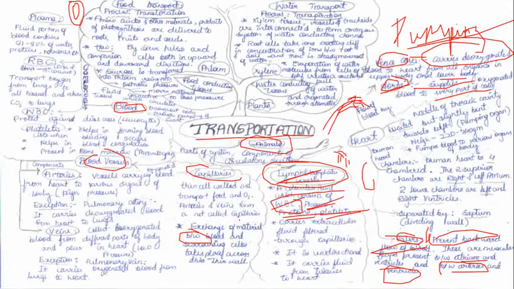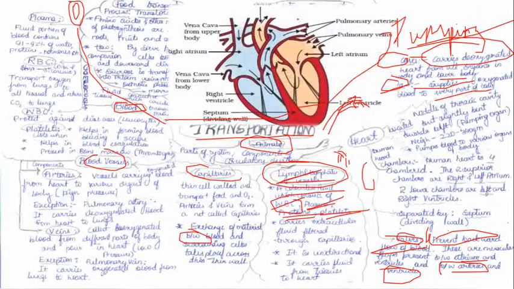So we have studied the parts of the human system. Now let us study the transportation system in humans in depth. I am going to explain this in a short period, so wait for it.